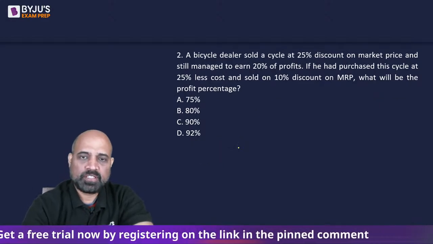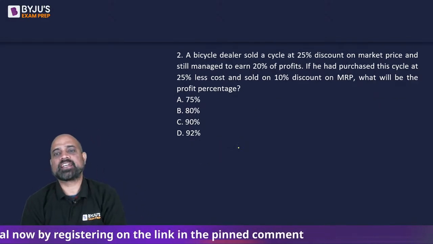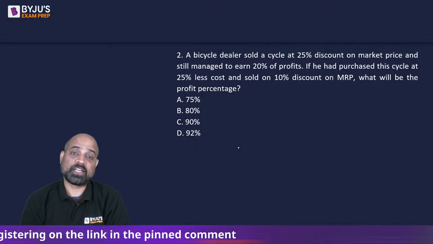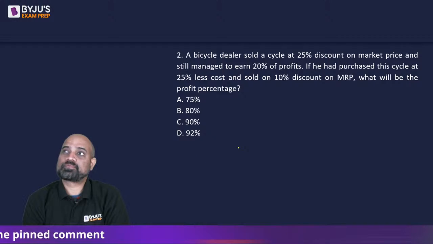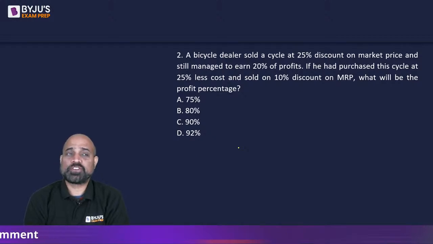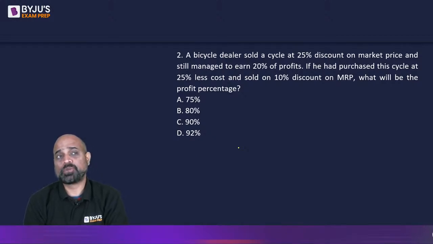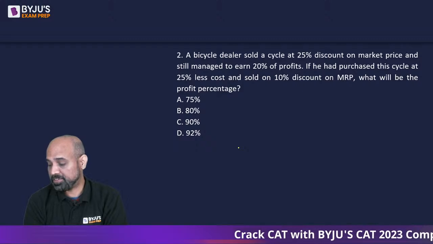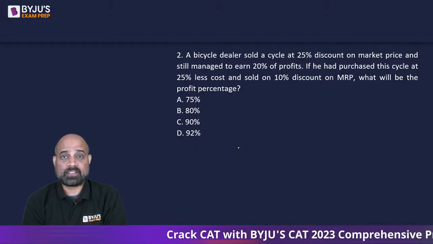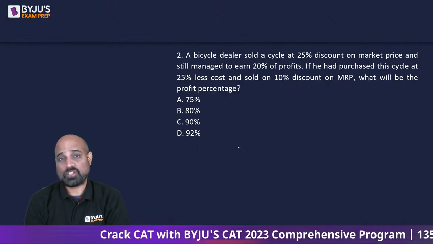Okay, next question. A bicycle dealer sold a cycle at 25% discount on market price and still managed to earn 20% profit. So after even giving a discount of 25%, if you still want to earn a 20% profit, this is going to happen with the numbers 100 and 150. And this is something that you should practice a lot.